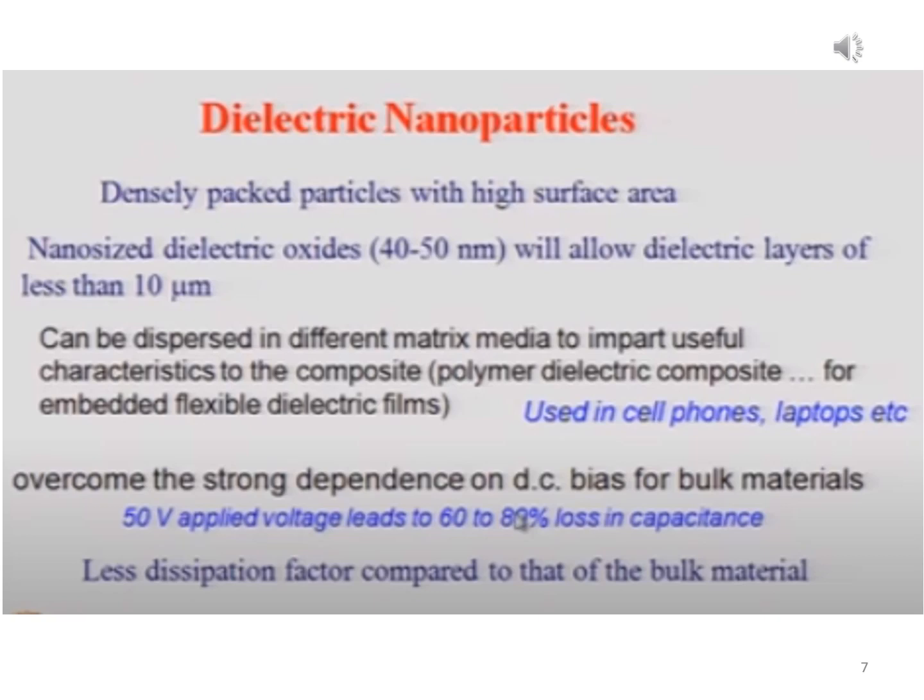And two other important points are that by using nanoparticles, you can overcome the strong dependence on DC voltage, and you can also lower the energy loss or dissipation factor as compared to conventional or bulk particles.